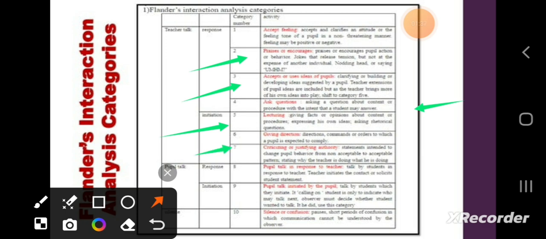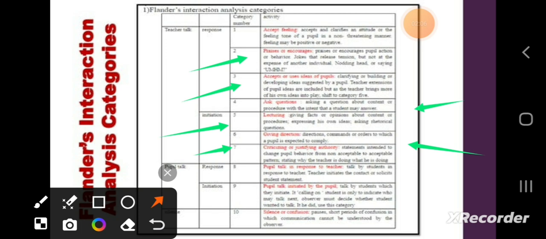Number 6, giving direction. Activity. The teacher gives specific instructions or commands to guide student behavior or activities. Criticizing or justifying authority. Number 7, activity. The teacher provides criticism or justification related to authority, including correcting student behavior or explaining decisions and rules.